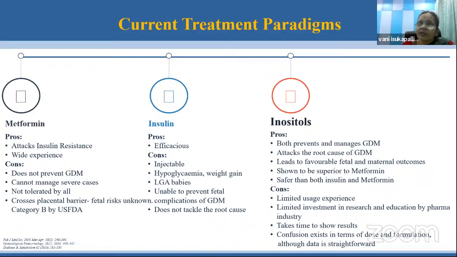Some studies have shown that they were superior to metformin alone. They were safer than both insulin and metformin in various studies. But the main disadvantage is that we need to have even more number of studies coming in to prove that inositols are better alternative or superior alternatives to metformin and insulin.